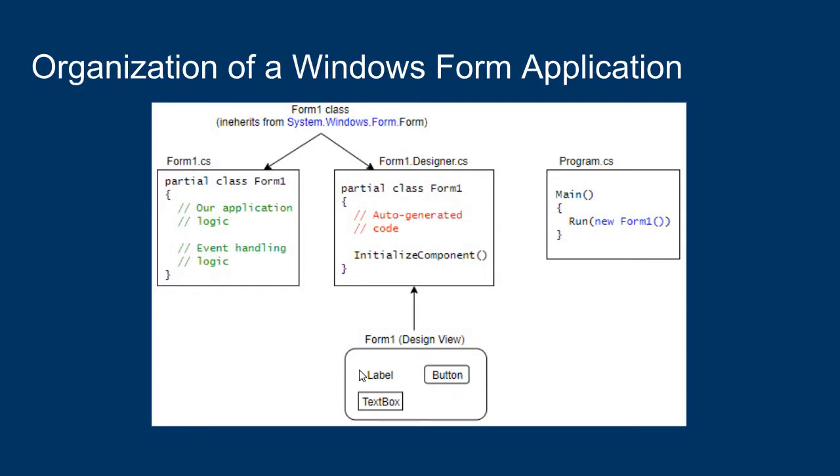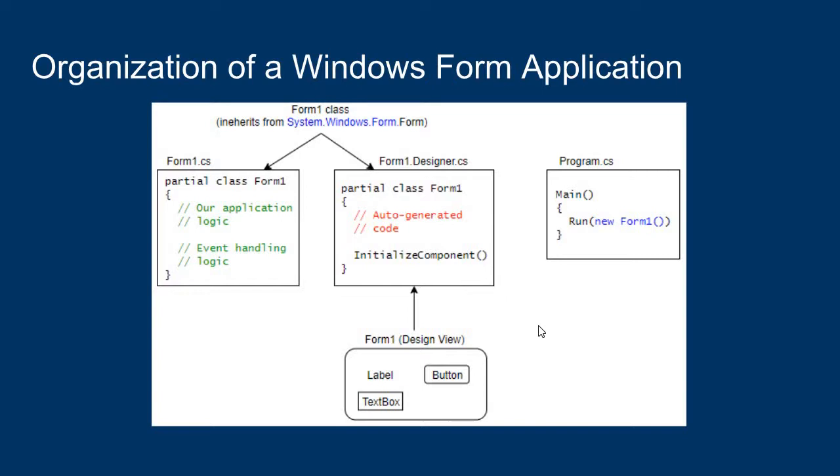So we have this view where we can set up the initial look of our form, and any change we make in the design view is going to result in code being written in the form1.designer.cs file. So the changes we make in the graphical user interface result in code being written for us in the form1.designer.cs file.